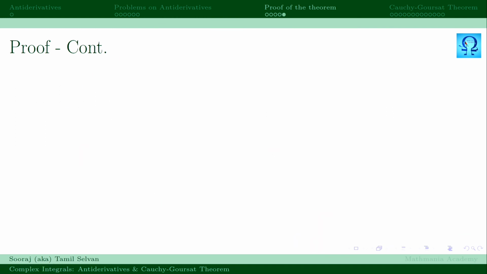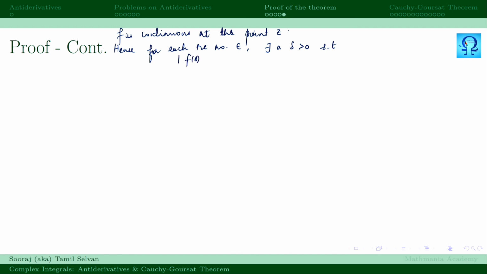Right? Now using the fact that f is continuous at that point z, hence for each positive number epsilon there exists a positive delta such that the absolute value of f of s minus f of z is smaller than epsilon whenever the absolute value of s minus z is smaller than delta.